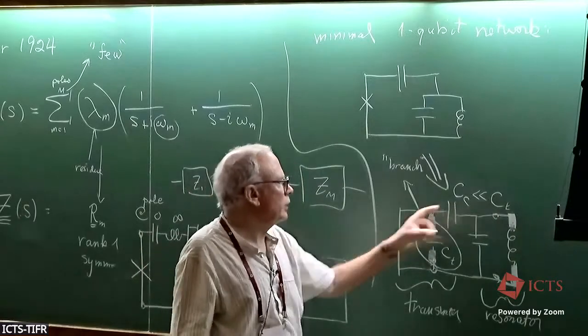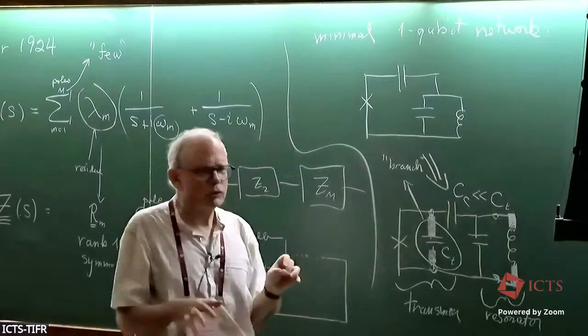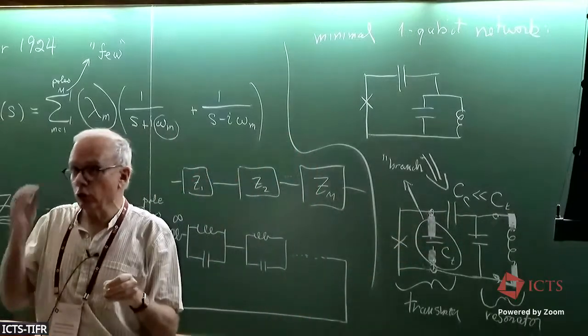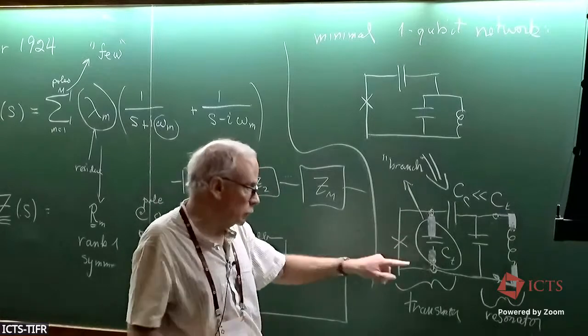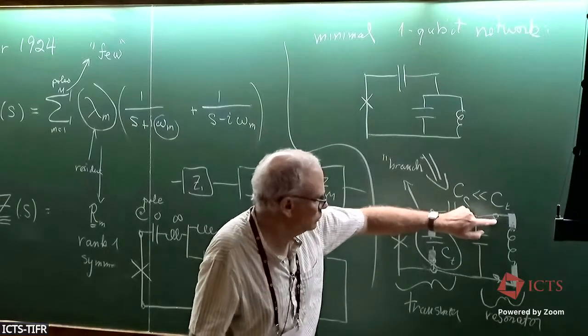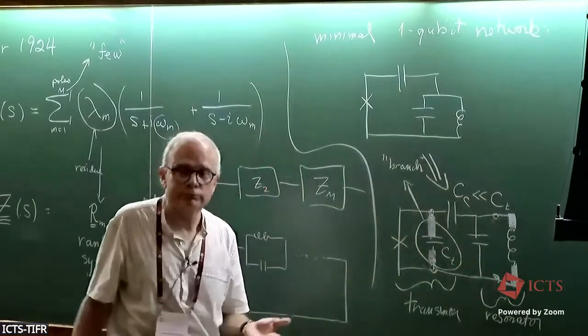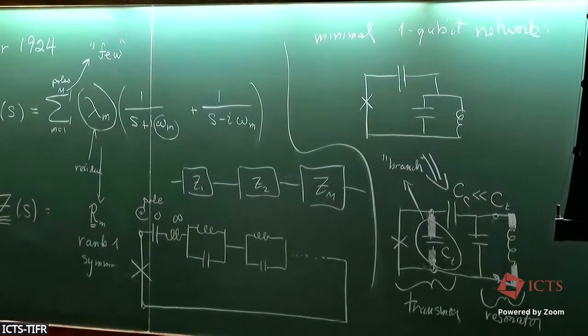This branch variable is not independent from those, because the φs satisfy a kind of Kirchhoff law. Just like for voltages, the voltage from here to here, plus the voltage from here to here, plus the voltage from here to here is 0. The voltages around loops are 0, and also the branch fluxes around loops are also 0.